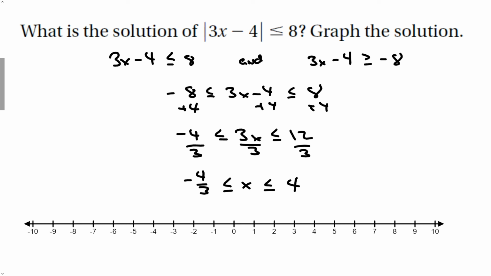That means we have a solid dot at 4 and a solid dot at -4/3, which is a little bit bigger than 1, and my answer goes between them.